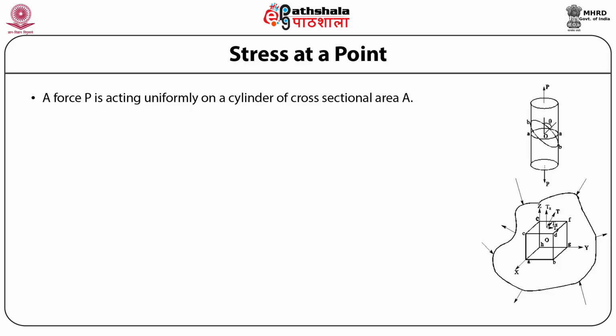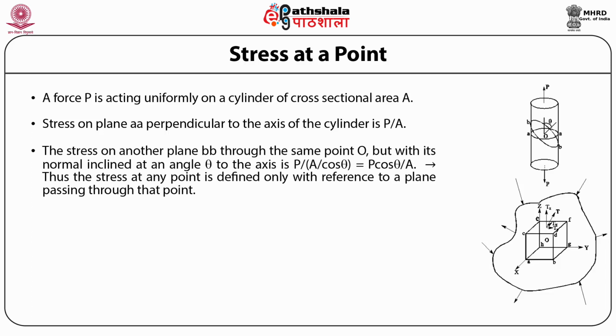Thus, if a total force P is acting uniformly on a cylinder of cross-sectional area A, as shown in this figure, then the stress on any plane AA passing through the point O and perpendicular to the axis of the cylinder is P by A. However, the stress on another plane BB through the same point O, but with its normal inclined at an angle theta to the axis, would be P by A by cos theta, equal to P cos theta by A. Thus the stress at any point is defined only with reference to a plane passing through that point.